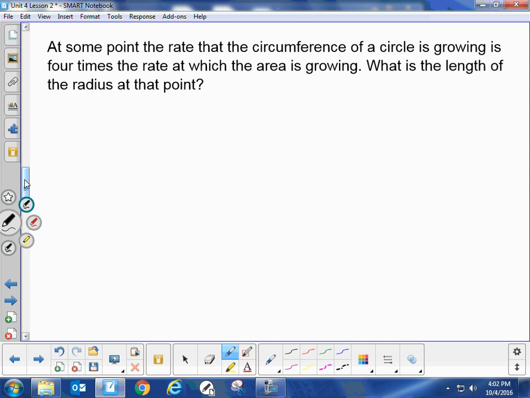Here's another one. At some point, the rate that the circumference of a circle is growing is 4 times the rate at which the area is growing. What is the length of the radius at that point? So we need the circumference formula, and we need the area formula. The rate at which the circumference is growing, dC/dt, is 4 times the rate at which the area is growing.